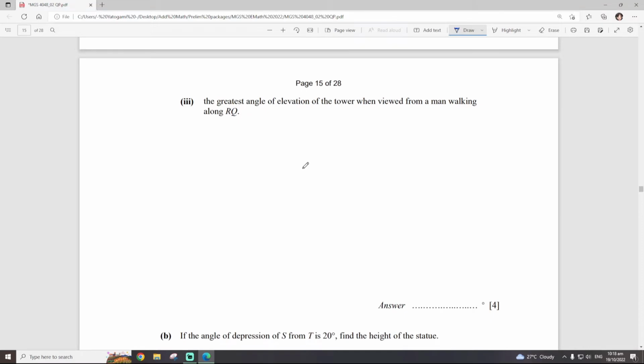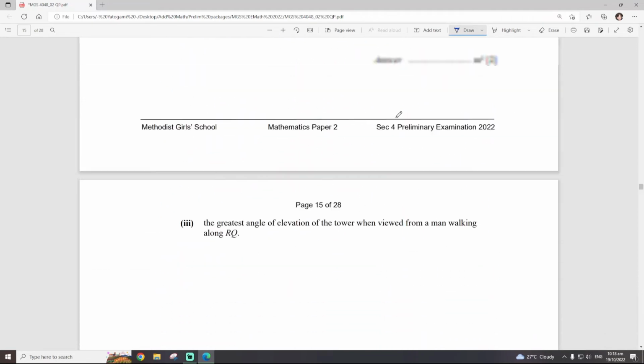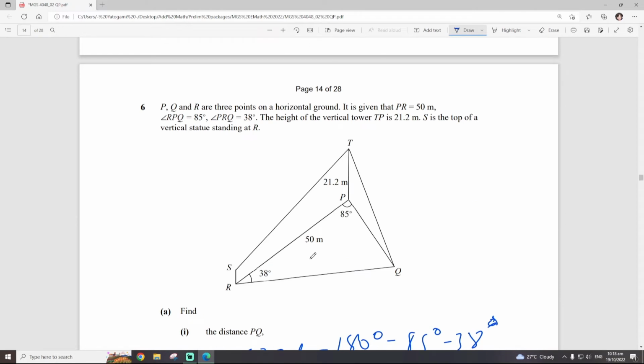The greatest angle of elevation of the tower viewed from a man walking along RQ. Greatest angle of elevation of the tower from some point on RQ. So if we understand the question carefully, we need to draw the dotted line here, and we need a right angle here.